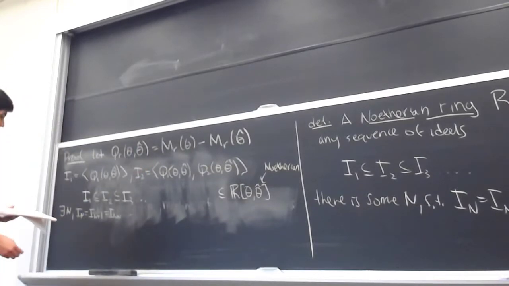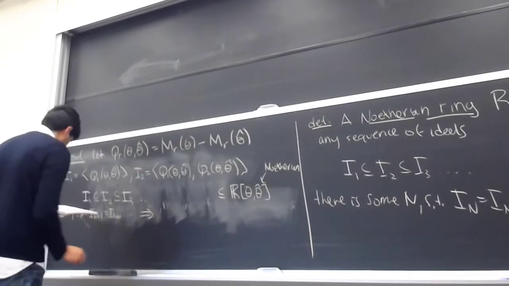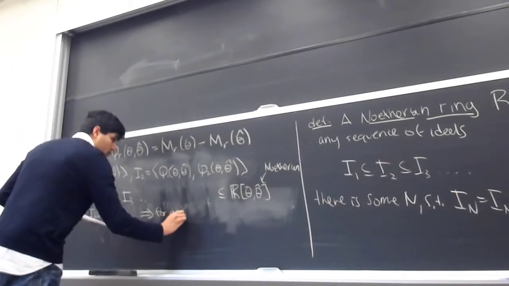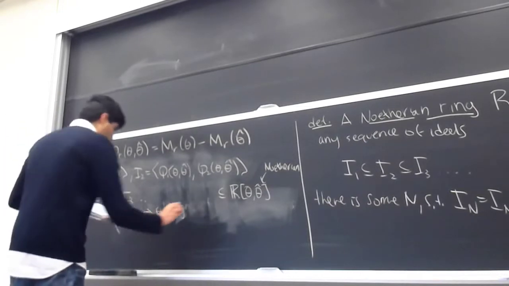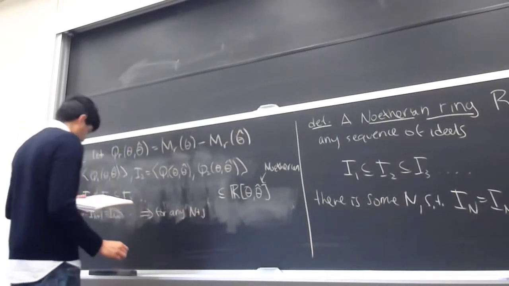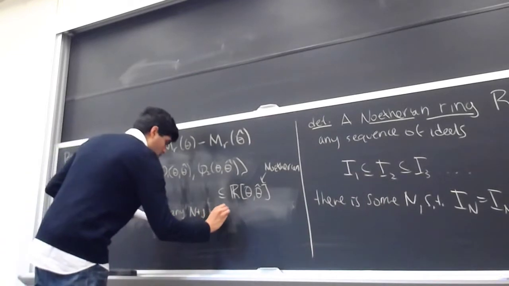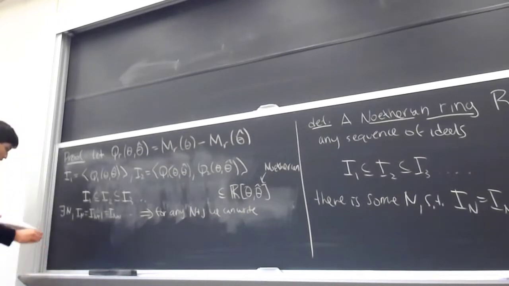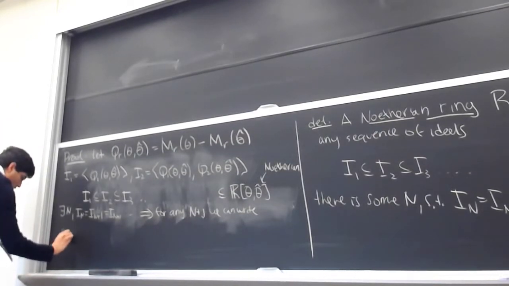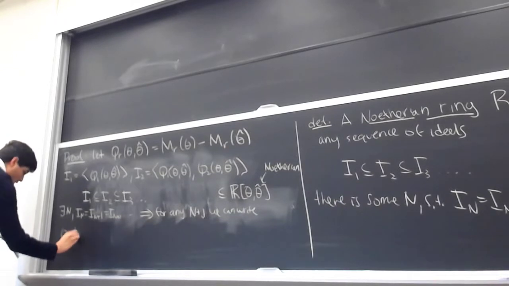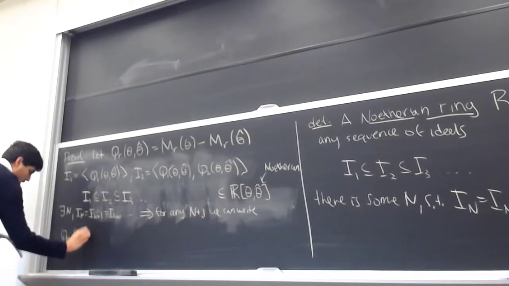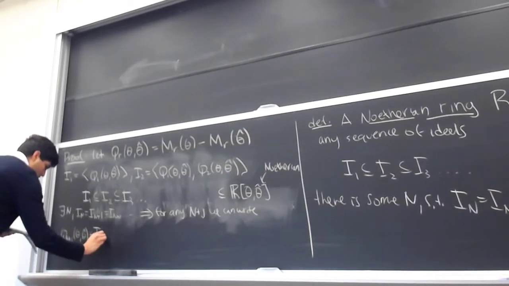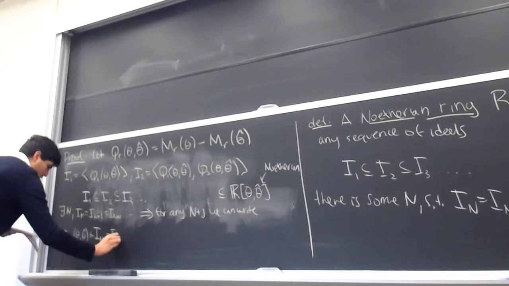So what this means as a consequence of all of this is that for any n plus j, we can write Qn+j of theta hat is itself in the ideal I(n+j) equals In.